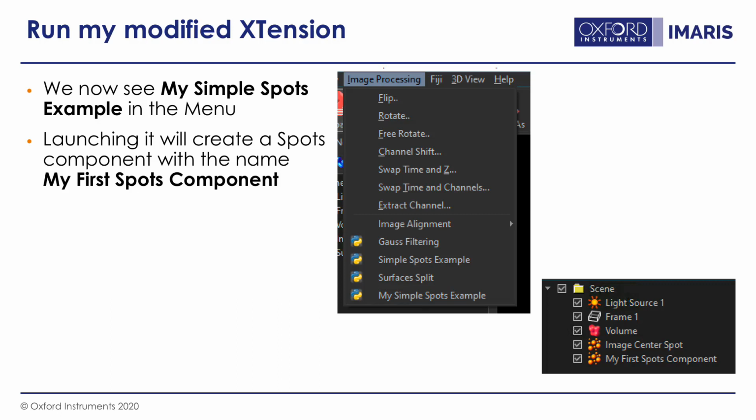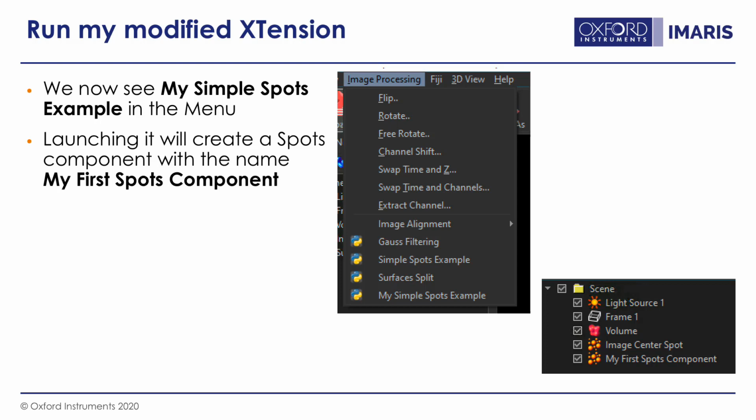And you can launch it again, and it will then create another spots component, and this time the name will be my first spots component. This is because we have changed, first, the embedding of the extension in the Imaris user interface, and second, the name that we give to the spots component.